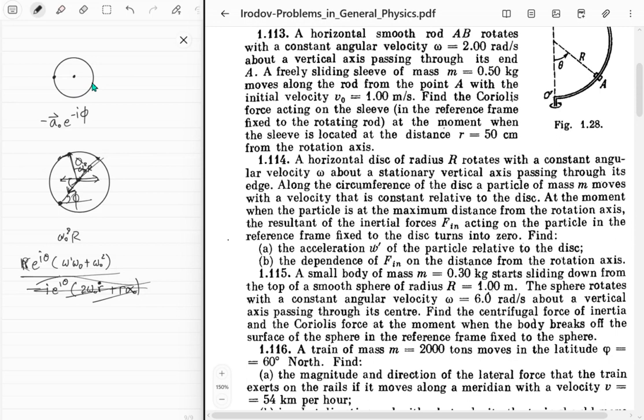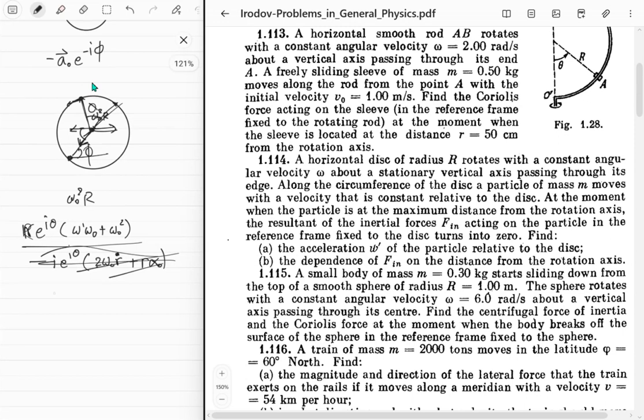The particle is just going like that, so whenever it's furthest away from this axis, that will be this point, the positive real axis. So its e^(iθ) is just 1, and that means ω₀² r plus rω'ω₀ plus ω₀².